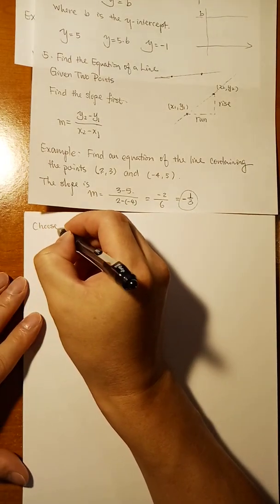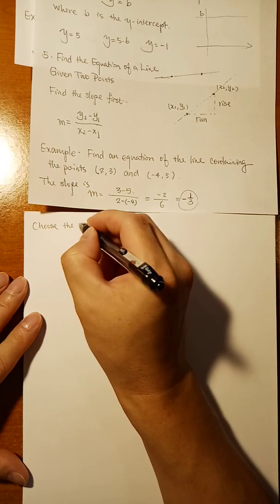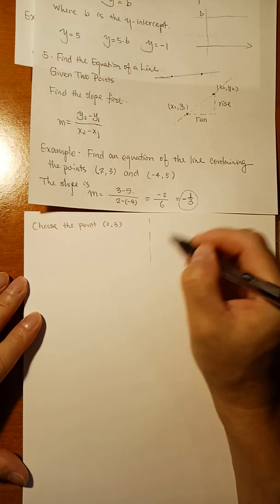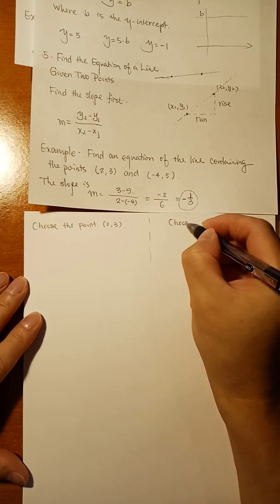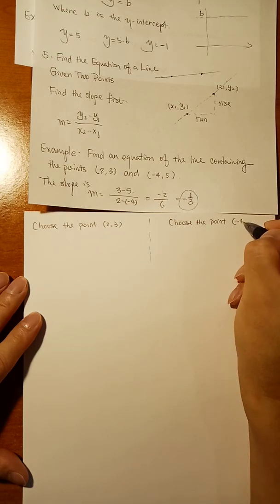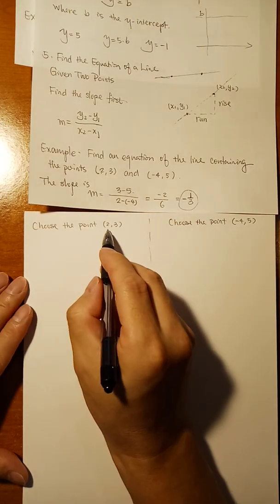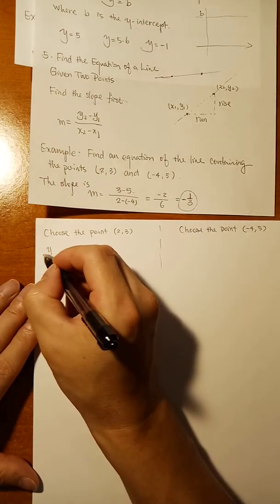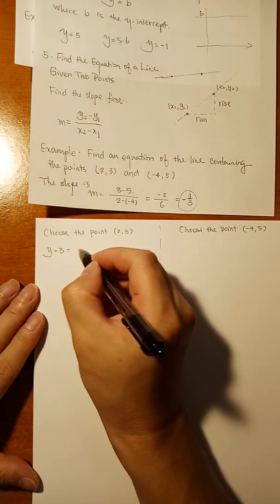Choose the point (2, 3). Choose the point (-4, 5).